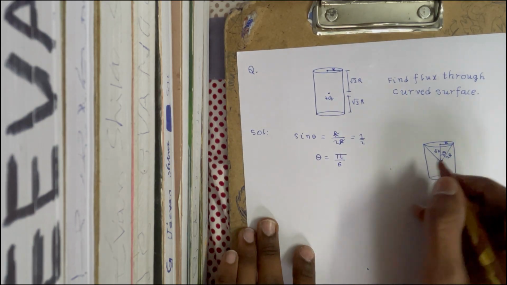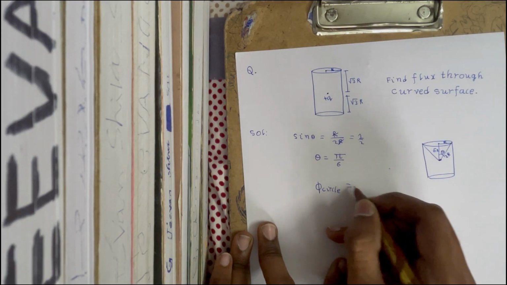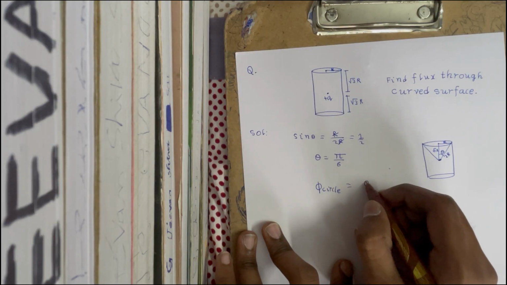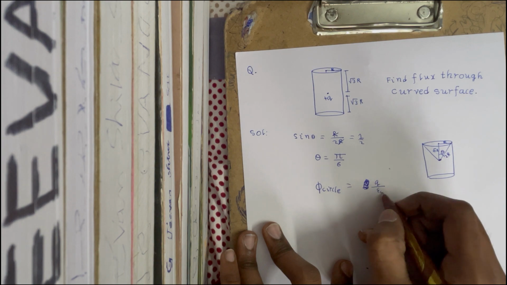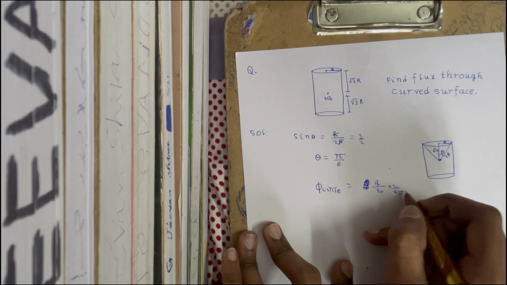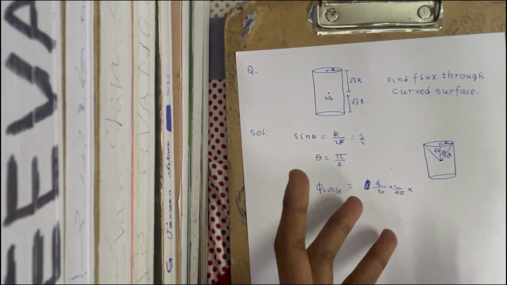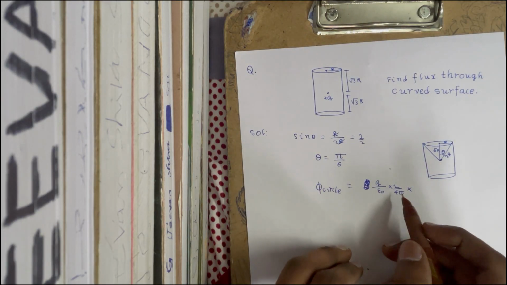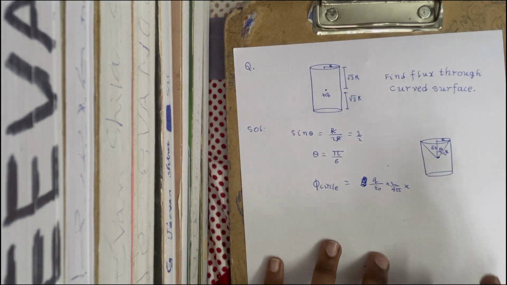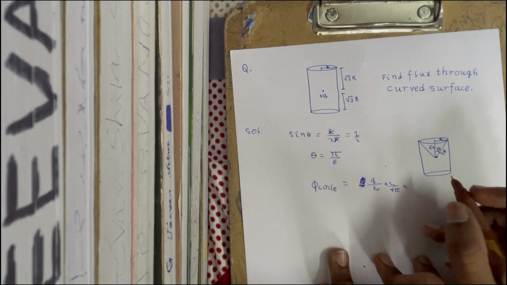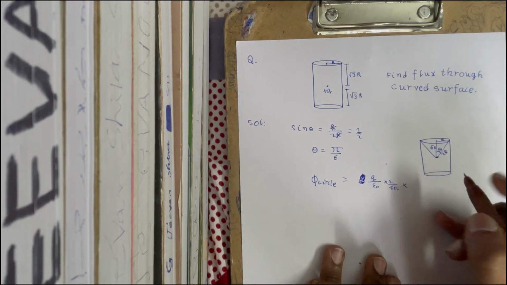So flux through one circular surface was one by 4 pi, because through the whole surface the flux was q by epsilon naught, and through the whole surface the solid angle was 4 pi, and we need to multiply that with the solid angle of the circle.